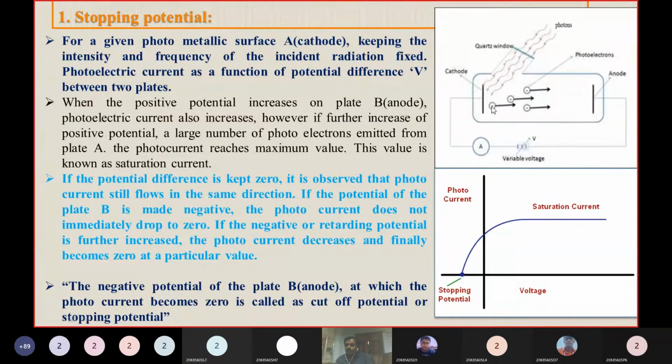Some energy is used as the work function, and some energy becomes kinetic energy of the electron. If the kinetic energy is greater than the applied potential, what happens? The electron reaches from this plate to the other plate.